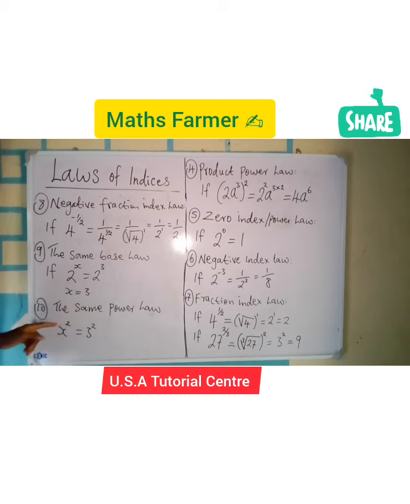Once we have the same index on both sides, that means the bases are equal. So we can discard the 2 and 2 here, and our answer is x equals 3.